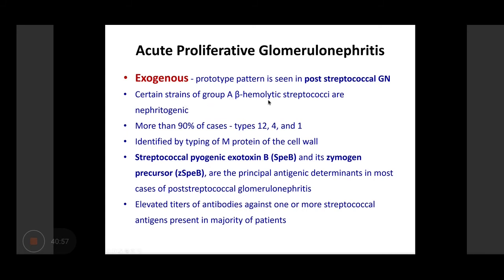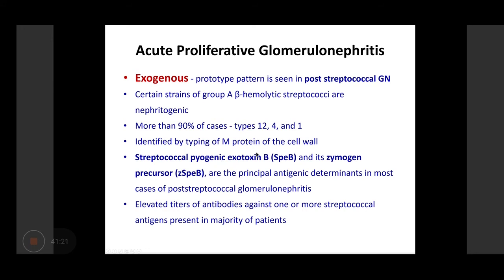Certain strains of group A beta hemolytic streptococci are nephritogenic in nature, that is, they cause damage to the kidneys. These include types 12, 4, and type 1. All the nephritogenic strains of group A beta hemolytic streptococci have a specific M protein in their cell wall.